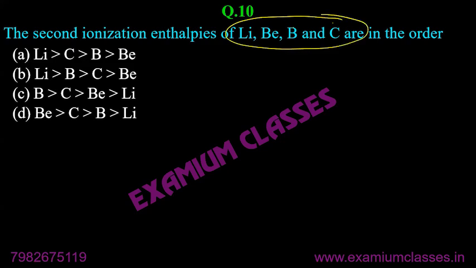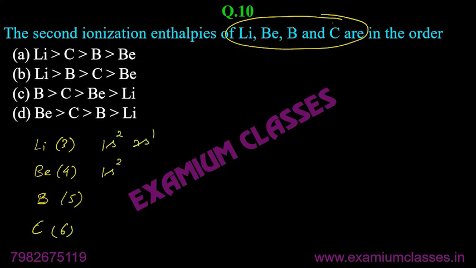So normal configuration of lithium, beryllium, boron, carbon. Lithium has three electrons, beryllium has four, boron has five, carbon has six: 1s2, 2s1; 1s2, 2s2; 1s2, 2s2, 2p1; 1s2, 2s2, 2p2.